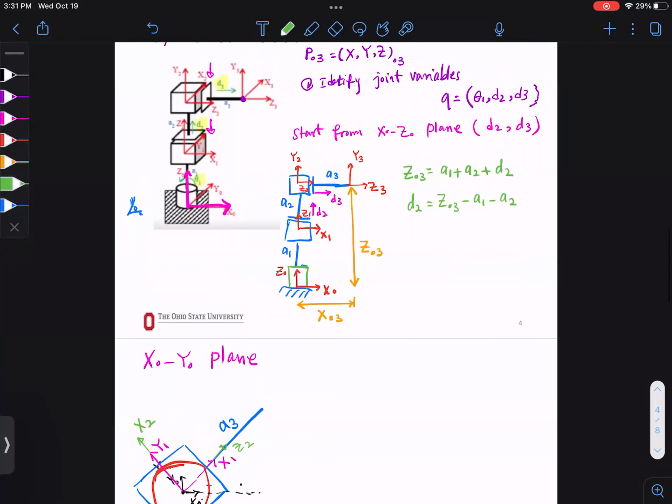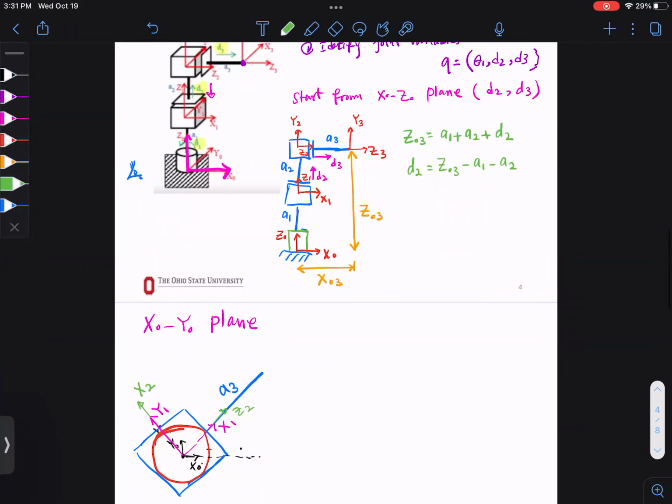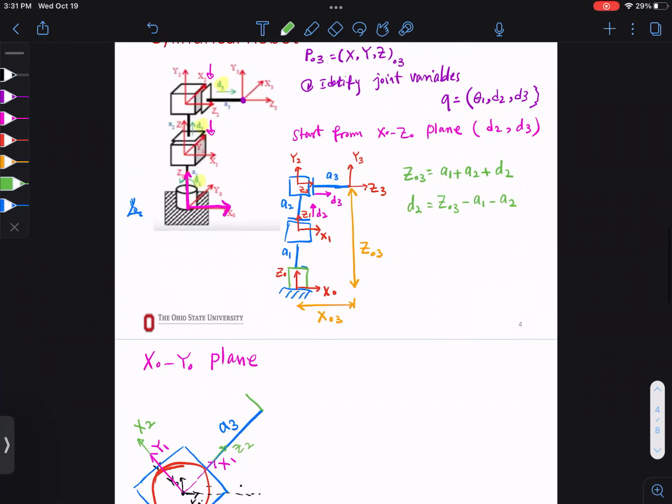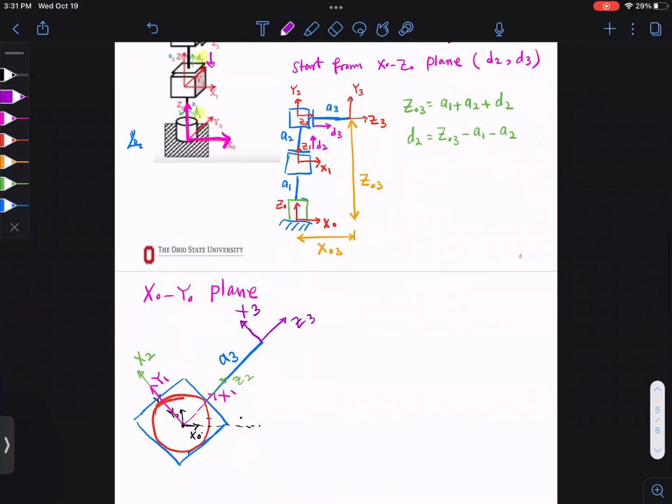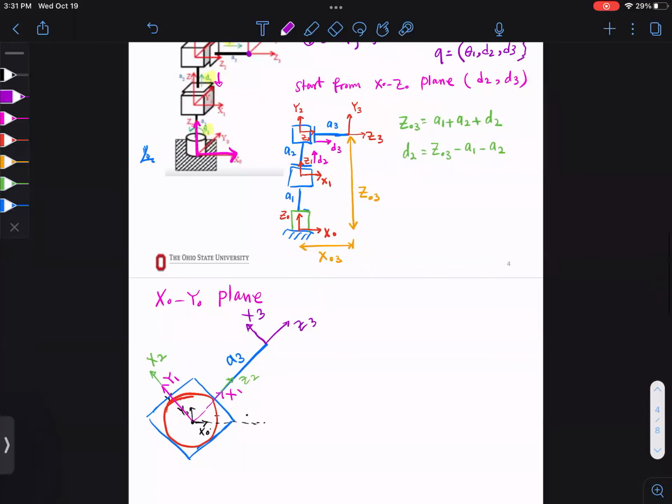Right? The third one is x1. Let me draw something different. This is z3 and x3. Again, all I did, I just projected it in 2D. Now, the whole goal was to show you this is theta 1, right?